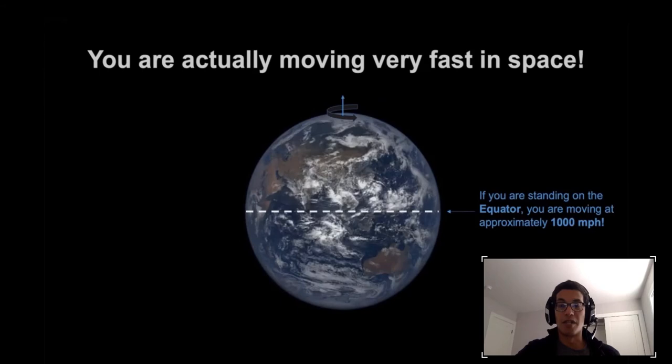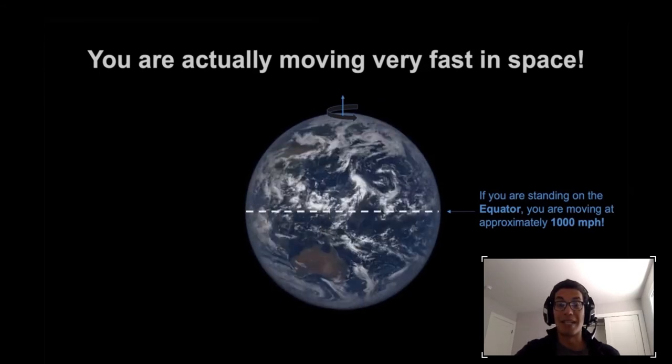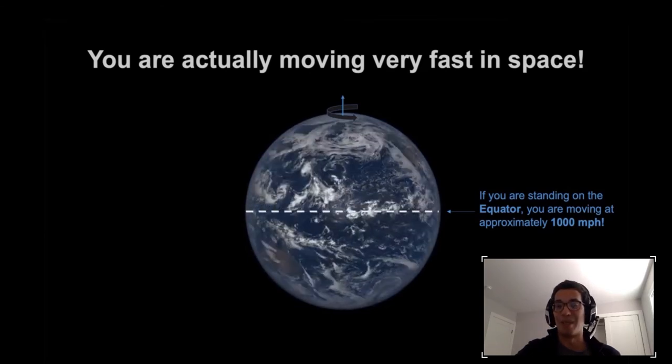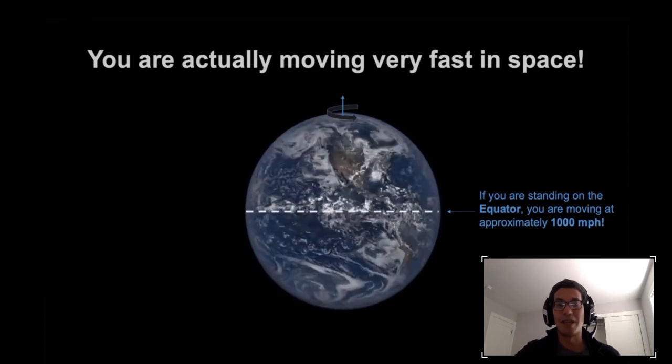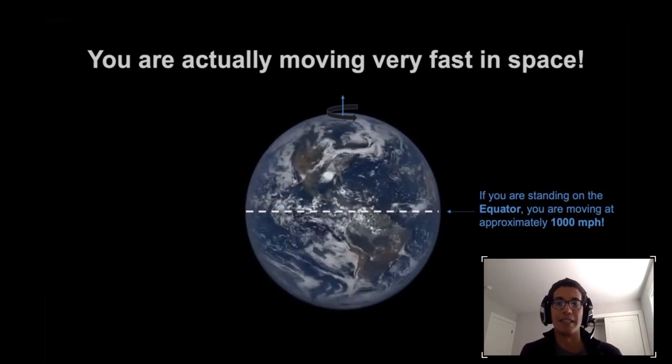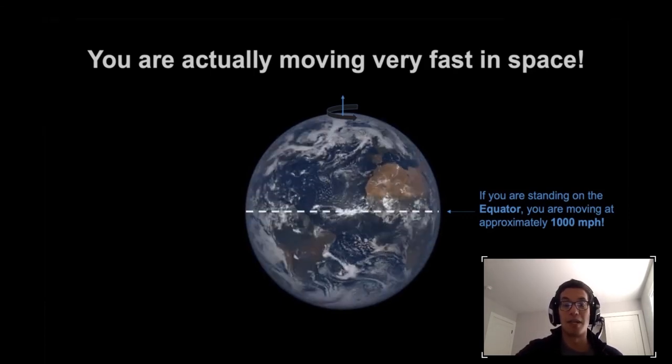So if you're standing at the equator, you're moving at approximately 1,000 miles an hour in space, which is really fast. An airplane flies at, say, 500 miles an hour. So you're actually moving incredibly fast in space if you were at the equator especially.